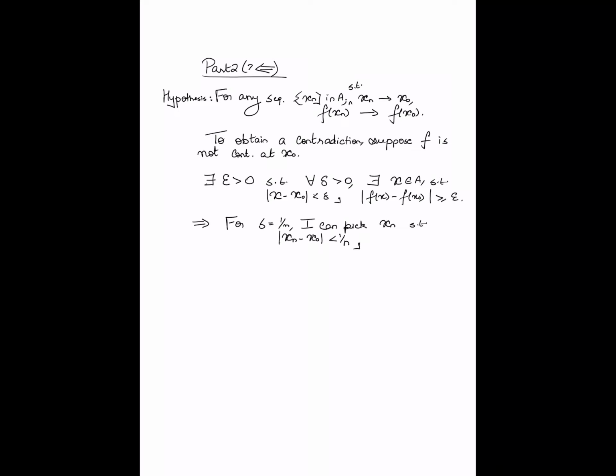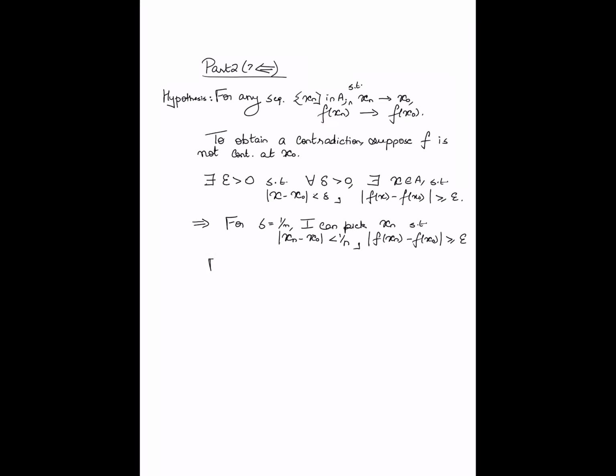And |f of xn minus f of x naught| is going to be greater than or equal to epsilon in absolute value. So effectively what we have done is constructed a sequence such that |xn minus x naught| is less than 1 by n. However, |f of xn minus f of x naught| remains greater than or equal to epsilon in absolute value, right?